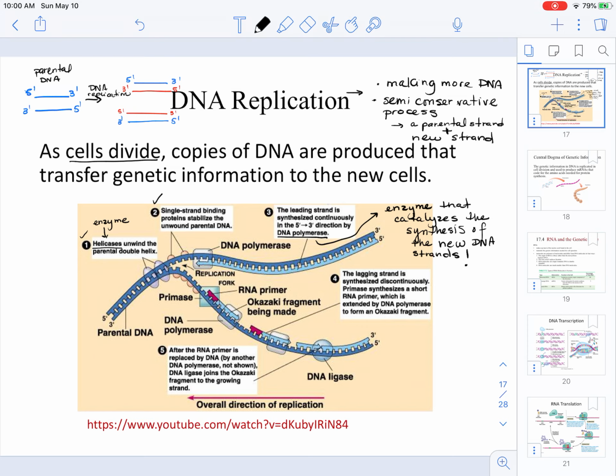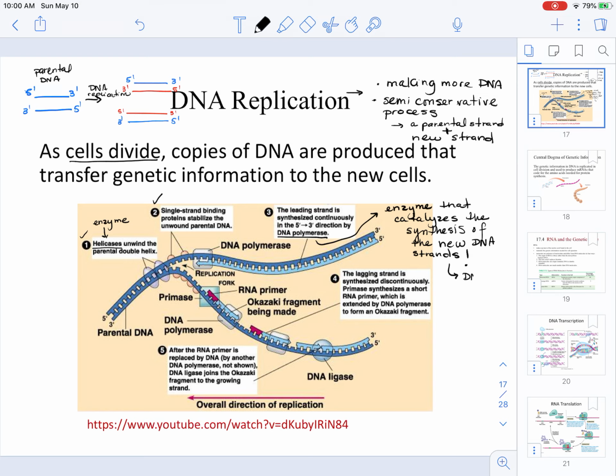Now, these new DNA strands that are outlined on step 3 and step 4 are going to be made in different ways.